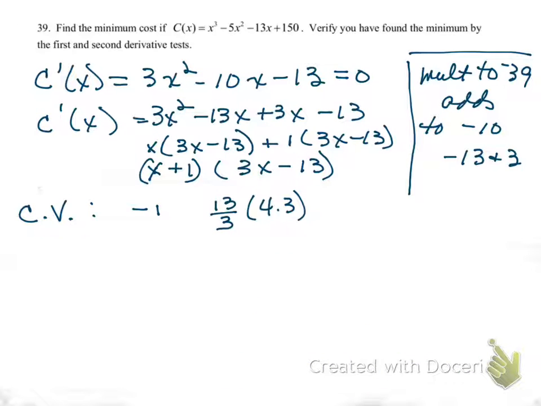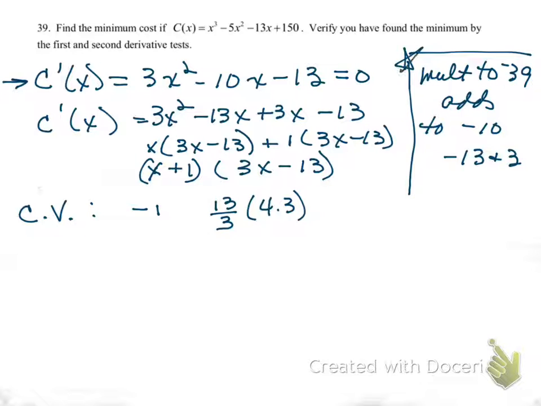Okay, so to do problem 39, it's all about finding the minimum cost. So you're going to take the first derivative, like I've done right here, and then set it equal to 0. The first derivative becomes 3x squared minus 10x minus 13. You're going to have to factor that. That's a hard factoring.